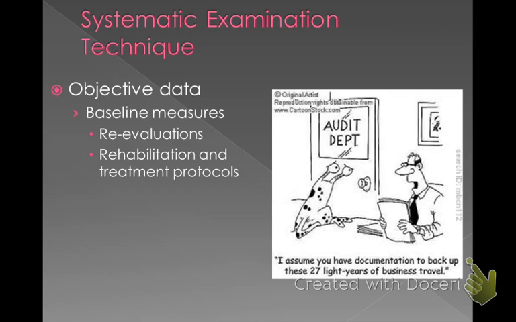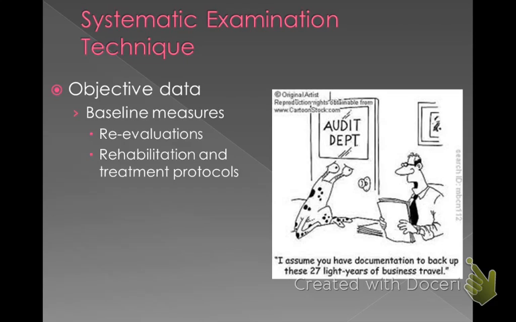So for example, if you're heating your patient every day, that is something that you're going to document and assess every time that patient comes in. Are they feeling better with that heating? Are they getting worse with the heating? How are they feeling with the treatment and the rehabilitation that you're doing with them as well?